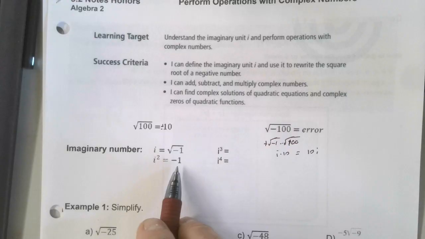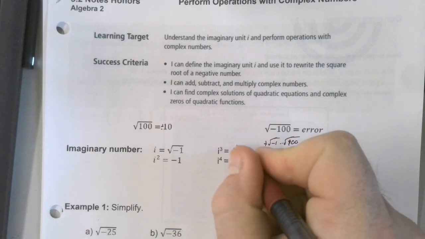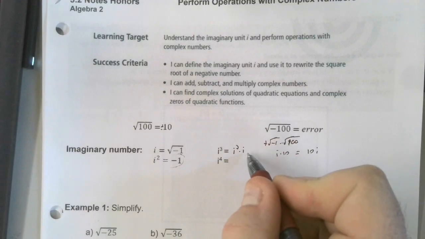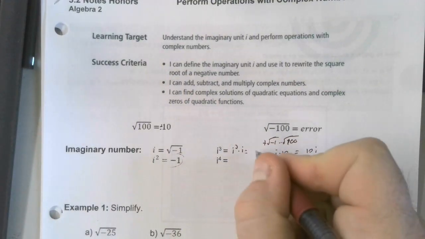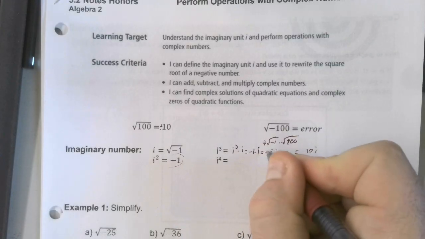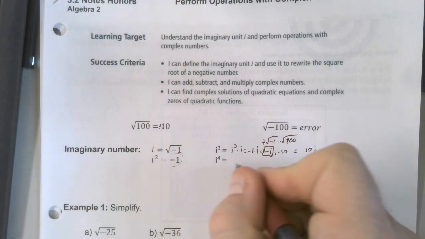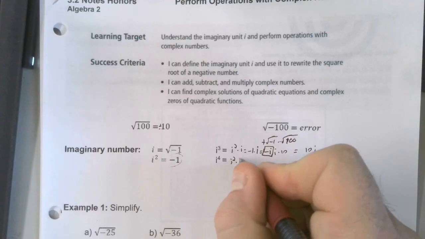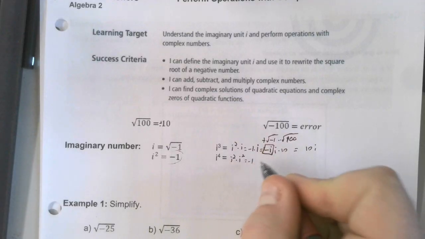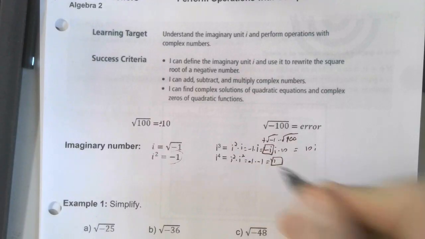So what happens is, if you start looking at it, i represents the square root of negative 1. i squared is negative 1. So i cubed is i squared times i, which is negative 1 times i, which becomes negative i. So i to the fourth can be i squared times i squared, which is negative 1 times negative 1, which is positive 1.